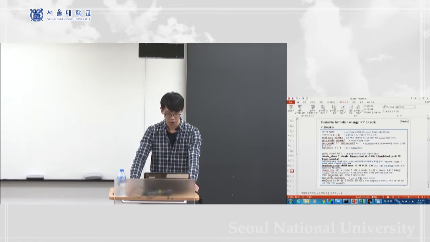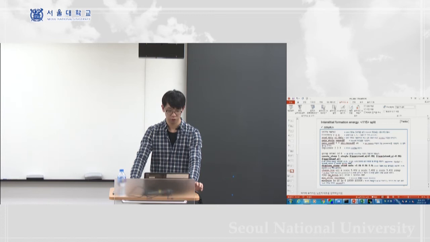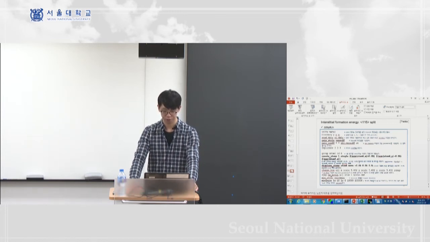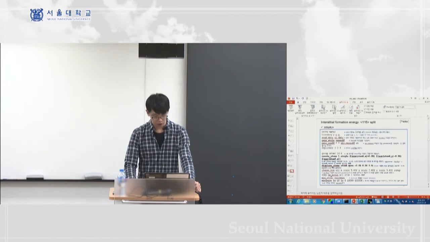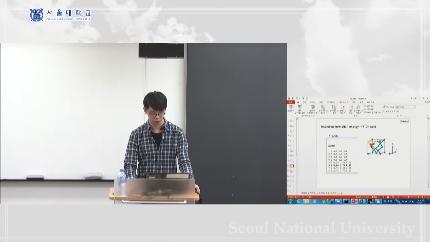So first we have to group one of the atoms which has ID of 6 and create an atom just next to this atom 6, which is 0.05 angstrom to the x-axis and minus 0.05 angstrom to the y-axis. And we're going to displace the original atom to the opposite way of the created atom. So it's going to be like this structure.